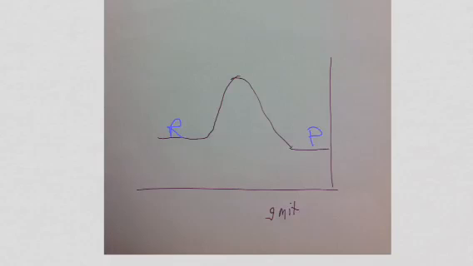So your activated complex does not change. It's still the top of the hill. Remember, this was the activation energy of the forward.